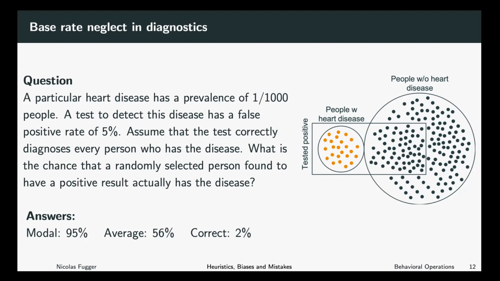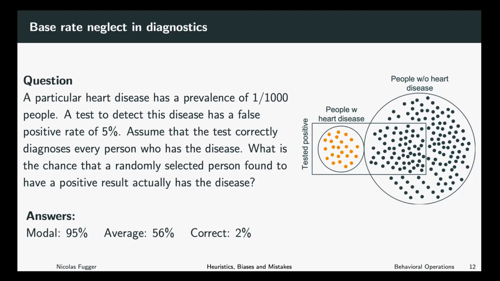So if you look at the picture on the right hand side, I illustrated the situation. The yellow or orange dots are people tested, people with the heart disease, and the blue dots are people who are not infected with the heart disease.